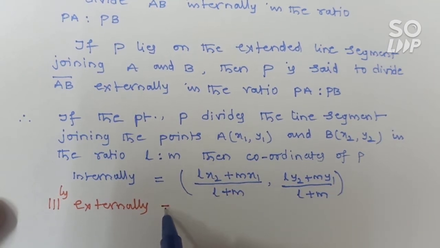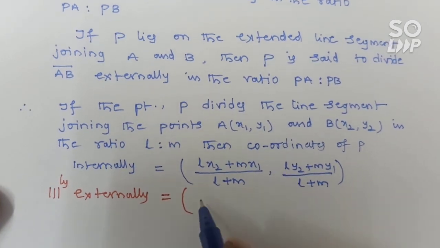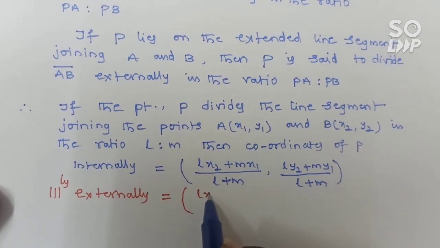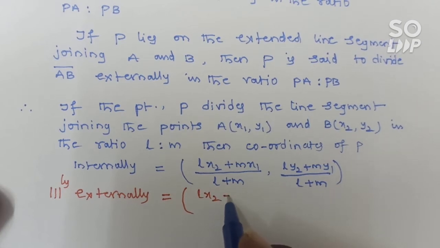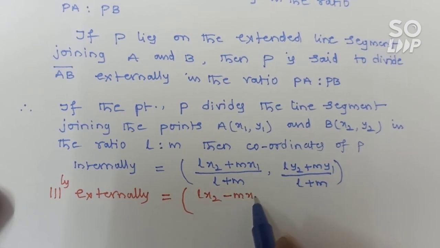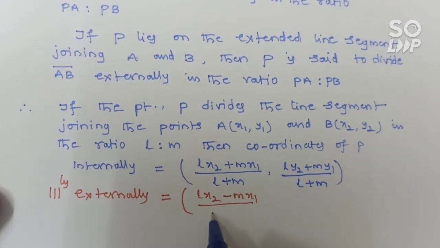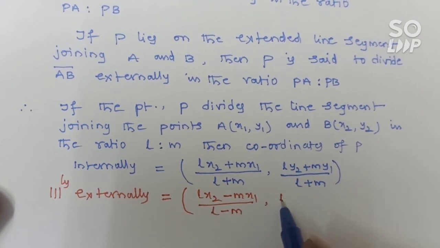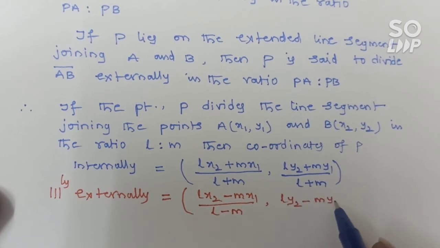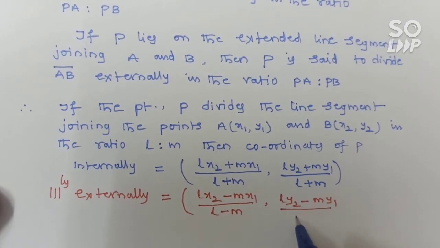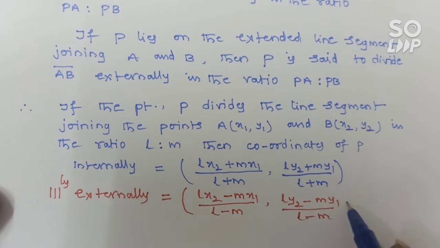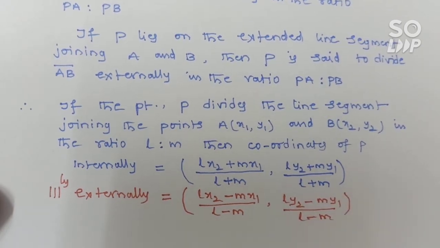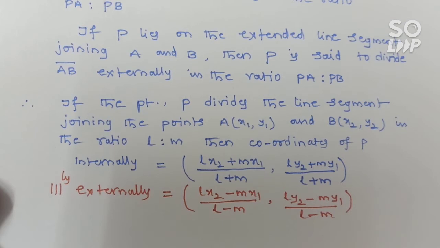So here you will write (L into x2 minus M into x1) whole divided by (L minus M), comma, (L into y2 minus M into y1) whole divided by (L minus M). So this is the external section formula.